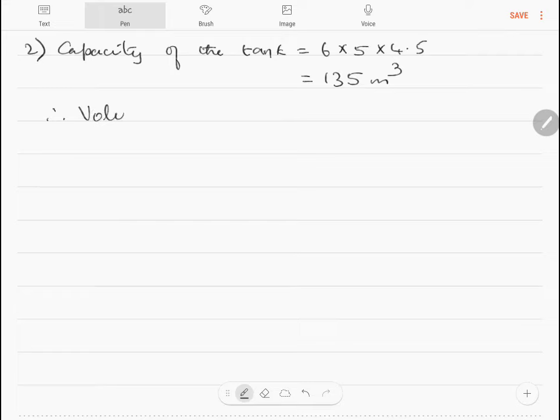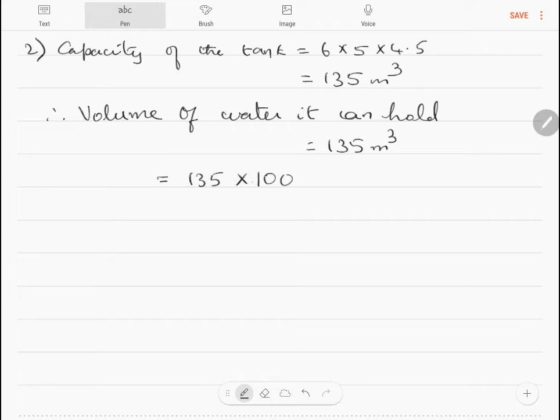Therefore, the volume of water it can hold is equal to the same 135 meter cube. So we need it in liters. So converting cubic meter into liters, 135 into 1000, which gives 135,000 liters.